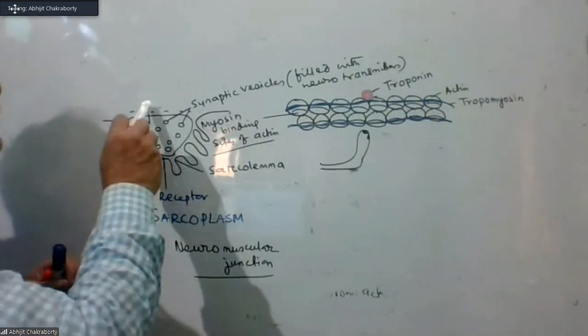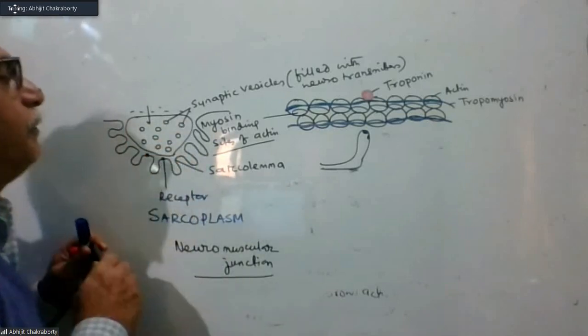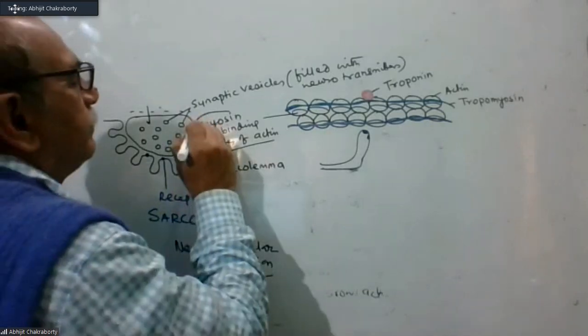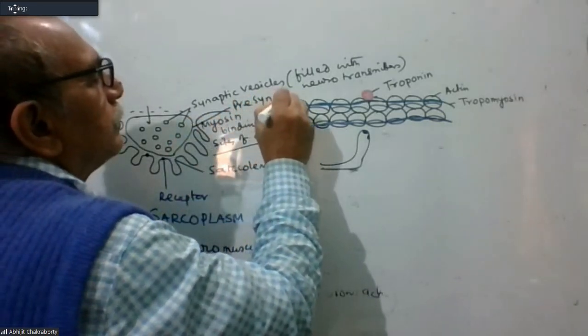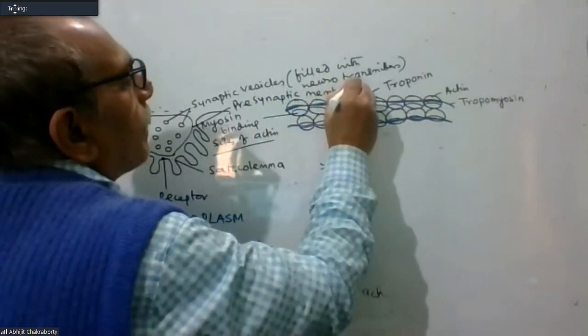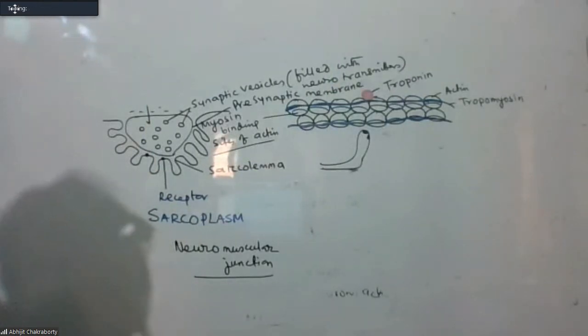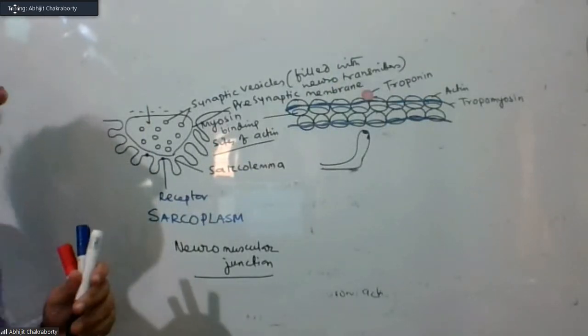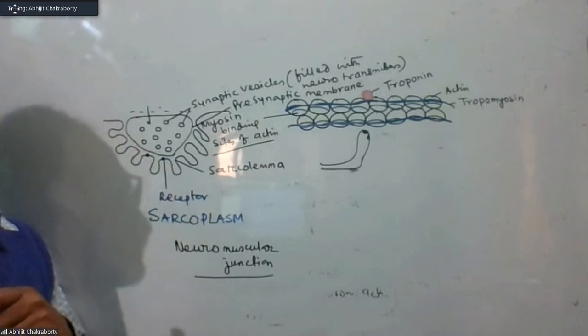Now, whenever impulse comes to this membrane, this is called the presynaptic membrane, and normally this membrane is not allowing calcium ion to enter inside.